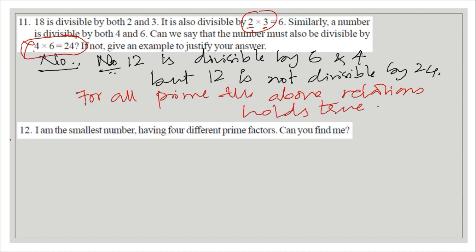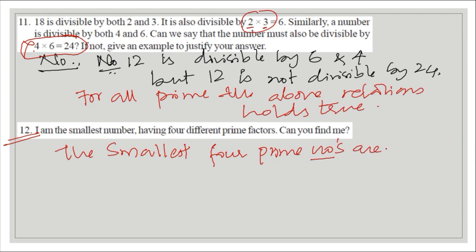Alright, let me consider the 12th question now. I am the smallest number having 4 different prime factors. Can you find me? We all know the smallest 4 prime numbers.